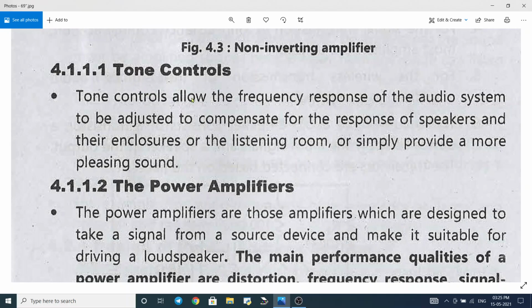So a tone control is a circuitry that allows the frequency response of the audio system to be adjusted according to the number of loudspeakers used, type of loudspeakers used, number of audience, and the size of the hall, etc. That means simply to provide a more pleasant sound.